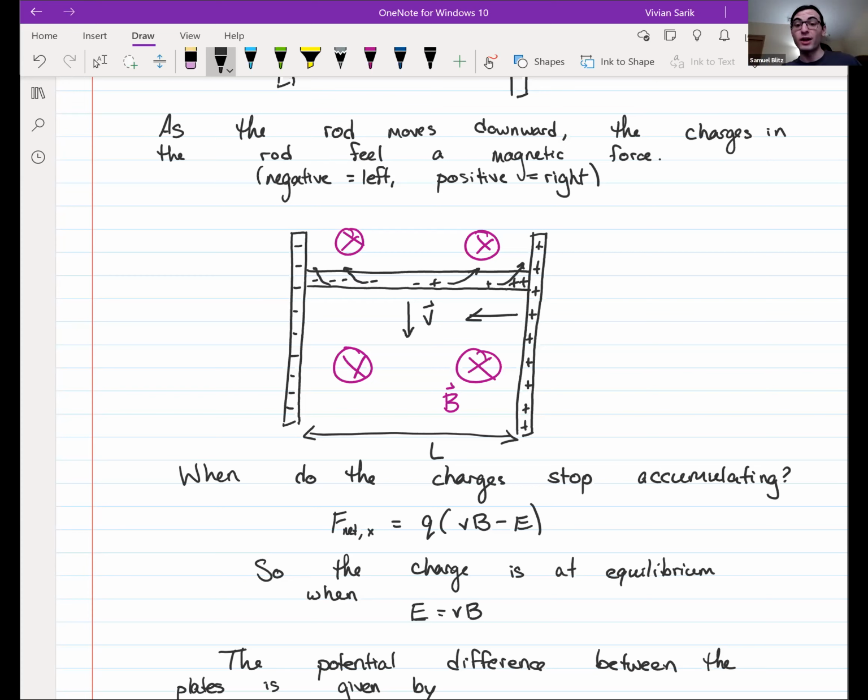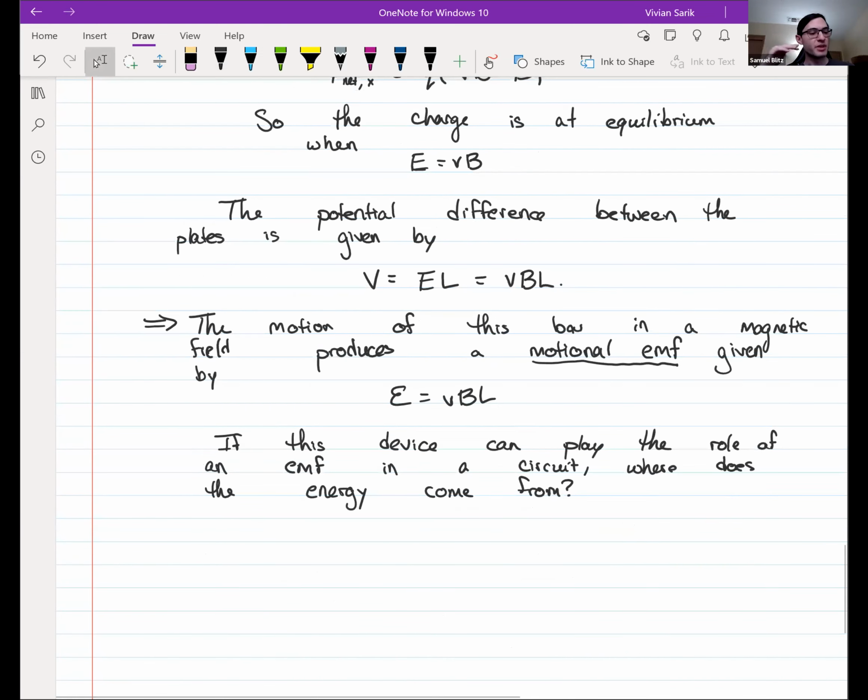But they can't, they're held in place by the rod. And so what actually happens is that there is some force that prevents the charges from moving upwards, from escaping the rod. That's basically a work energy type force that keeps the charges bound in the object. But the end result is that there is another force acting on the charges, keeping them in place.